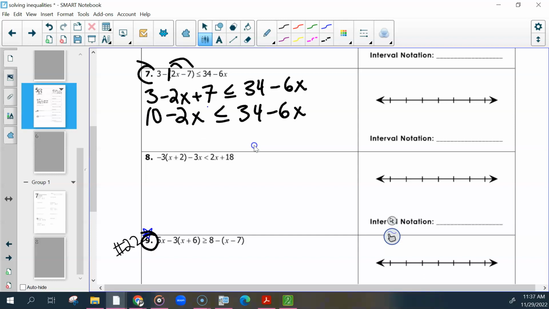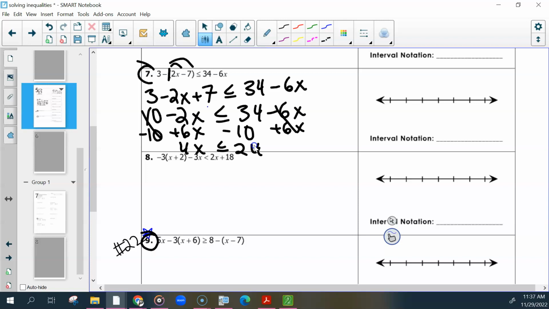Pick and choose what you want to move. Doesn't matter which. So let's say I want to get rid of this 6x by moving it. And I want to move the 10 over. So I would subtract it. So we would have 4x is less than or equal to 24.